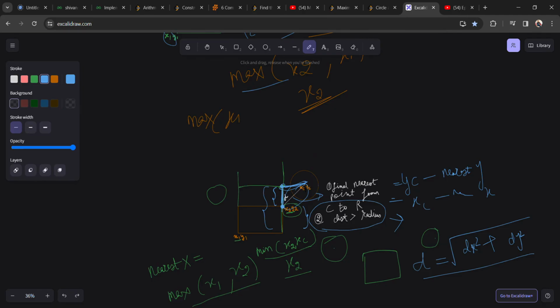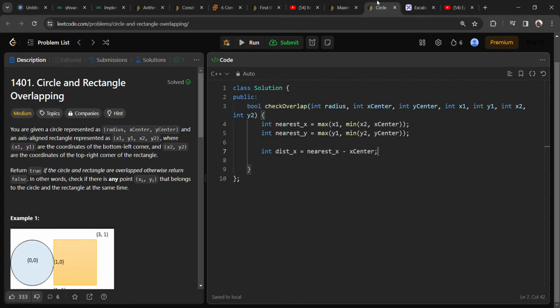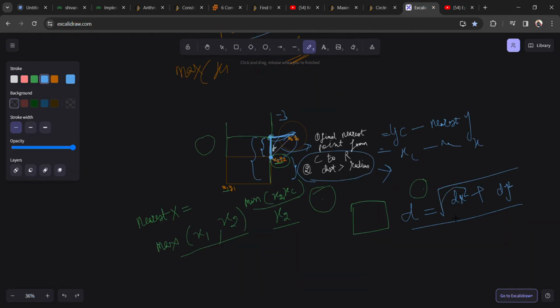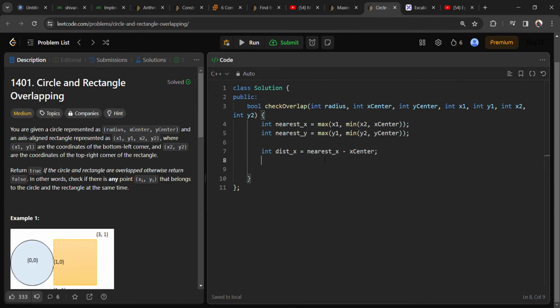Doing this may give me a negative value, but when I apply the Pythagoras theorem, I will be squaring it, so it will be positive in the end. Then int distance underscore y will be nearest y minus y center.